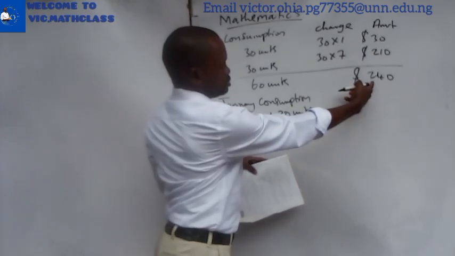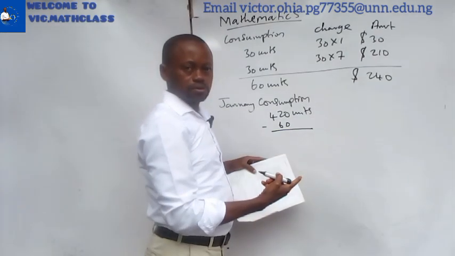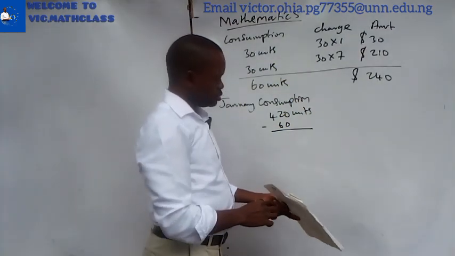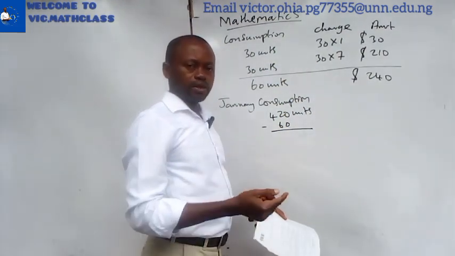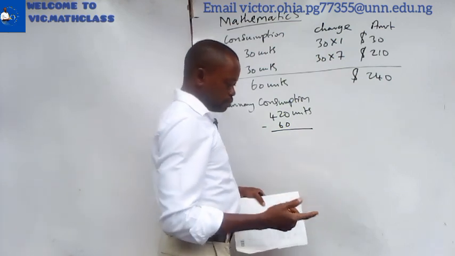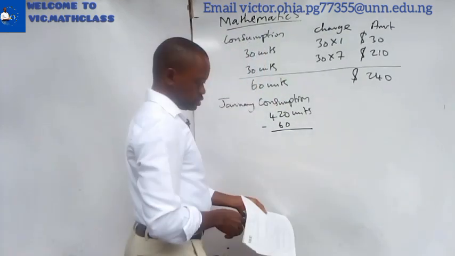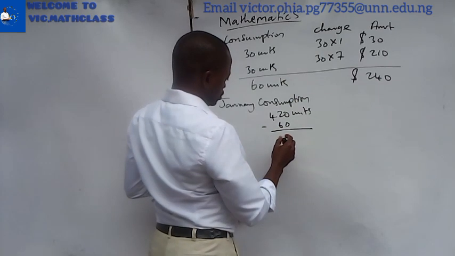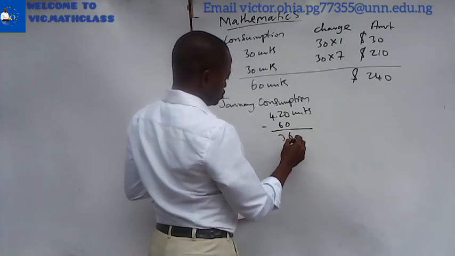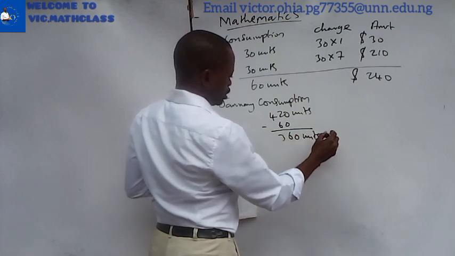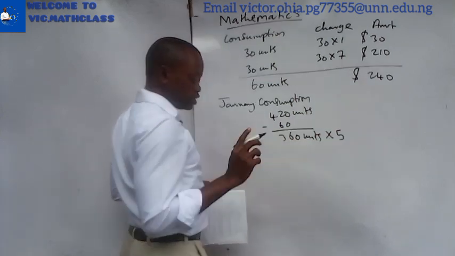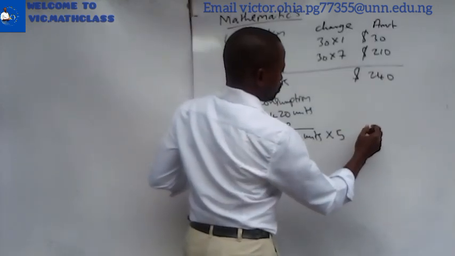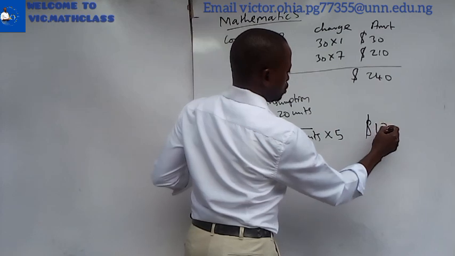This 60 has its own payment, so the leftover gives us a quantity the person will be paying $5 per unit. By my calculation, 420 minus 60 gave me 360 units, times $5 per unit, and that gave $1,800.